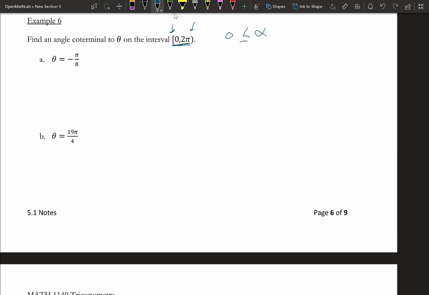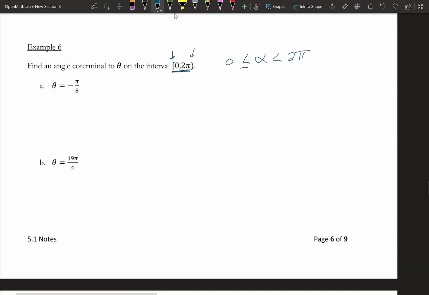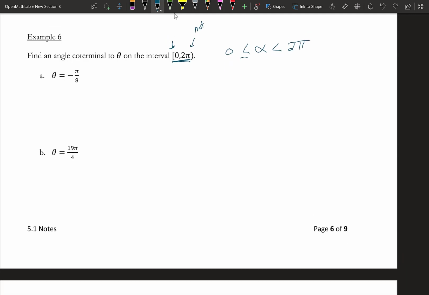We want to find an alpha that's in this interval. So alpha can be equal to 0, but it cannot be equal to 2 pi, because that's what that parenthesis indicates: not included. The bracket means it's included. That's called interval notation.